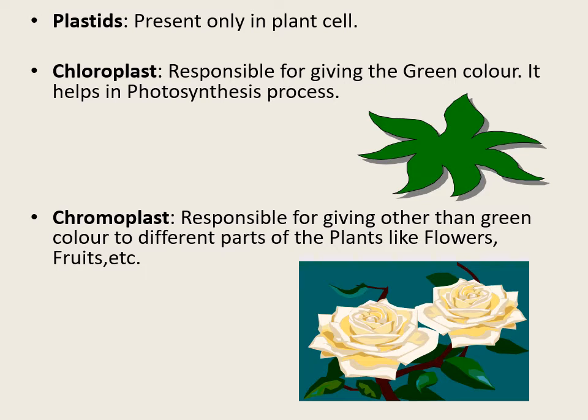Plastids again contain two parts, chloroplast and chromoplast. Chloroplast is responsible for giving the green color to the plants and leaves, for which it contains the green color pigment chlorophyll, which is responsible for the photosynthesis process. With this chlorophyll, plants are able to make their food.